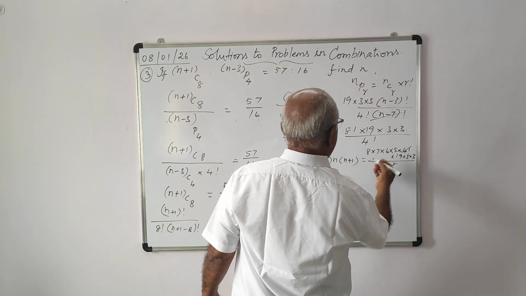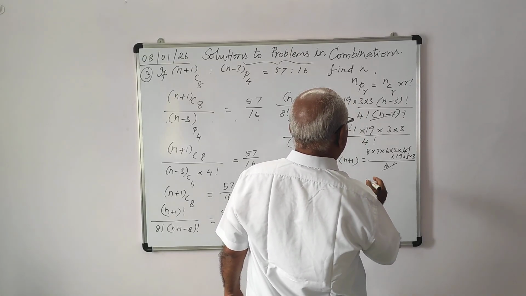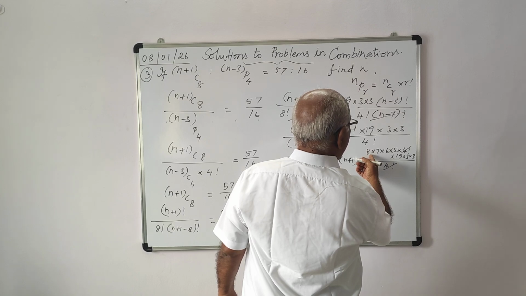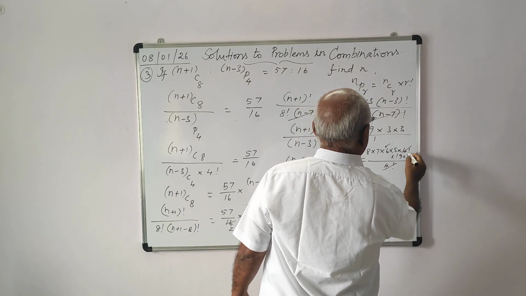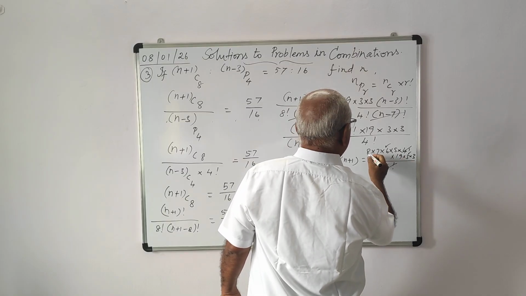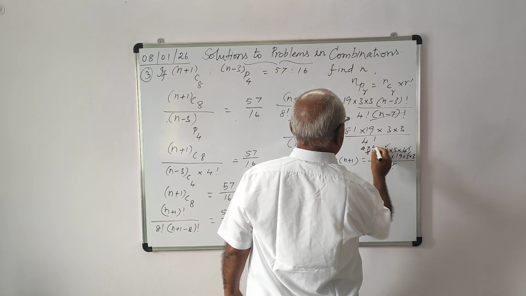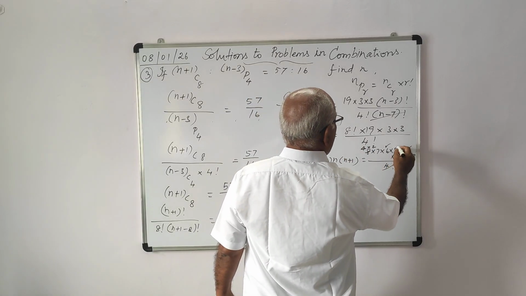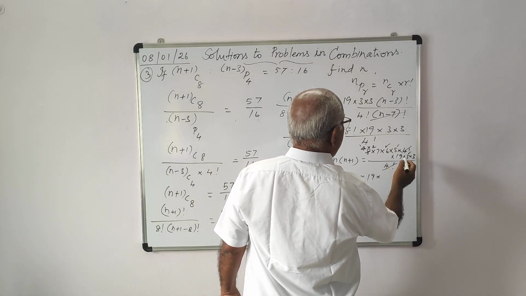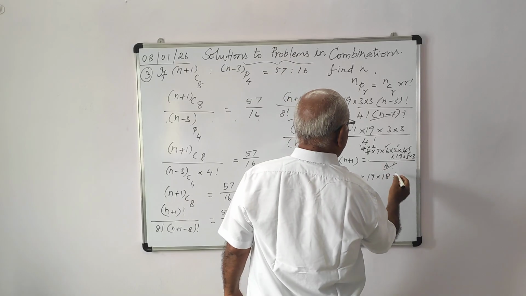Splitting 8 by 4 into 2: 4 5s are 20, and you get 19, 3 6s are 18, and the remaining 7 3s are 21.